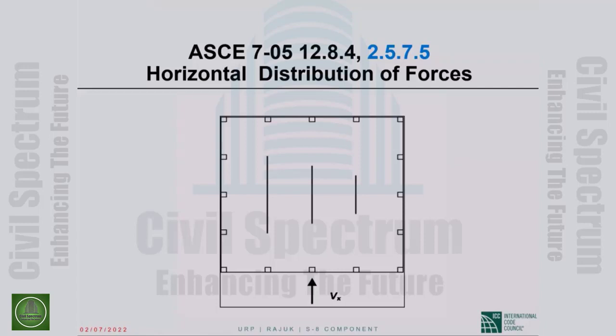Now what I said is true if the diaphragm is rigid, if the diaphragm does not deflect too much in its own plane. Rigid versus flexible diaphragm I will discuss on a subsequent occasion, not today, but it is very easy to understand what rigid versus flexible is. Diaphragm bends in its own plane, and if as a result of this bending it does not deflect much, it is a rigid diaphragm.